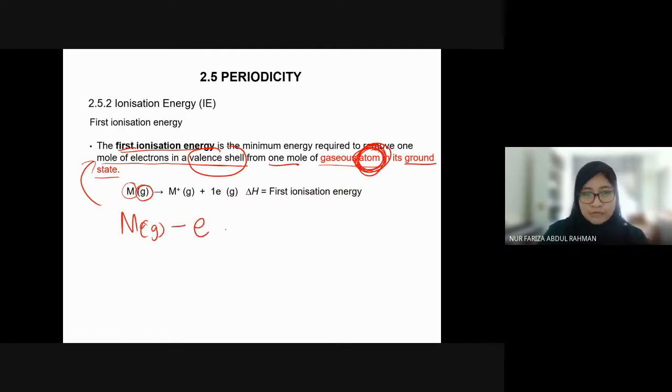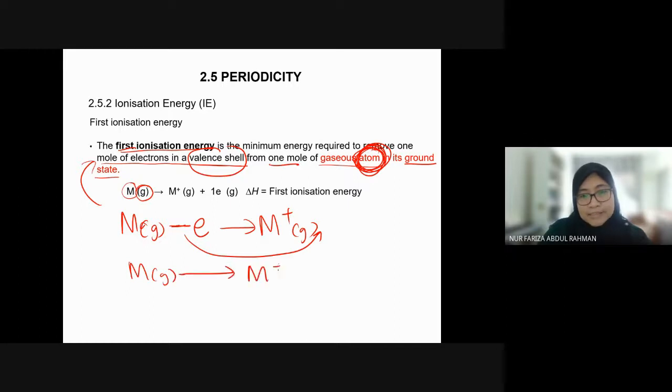Satu mole of electron becoming M plus in gas state. Okay, but normally in chemistry we do not use minus. Perasan tak? Kita tak guna minus tapi kita guna tambah saja. Right? So to change this into plus, kita pindah to the other side, so it becomes M gas, M plus in gas state, plus electron. This is first IE.